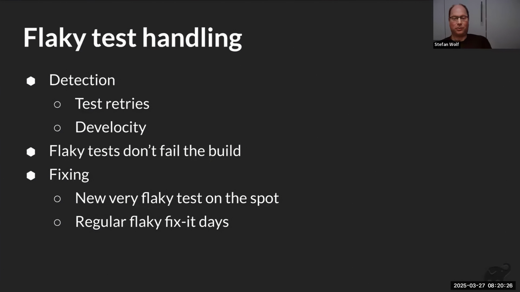And then you make a conscious effort to fix the flaky tests, pull in the right people, and fix the ones that are the most painful, be it because they became so flaky they actually do fail the build now, because even trying them 3 times is not enough, or because they take a lot of time, because retrying is not free, right? So if you have to run a test 3 times on average to make it pass, then it will take much longer than doing it only once. But the main point is to separate the detection from having to fix the flaky test.